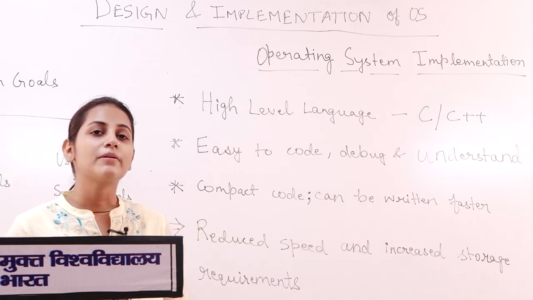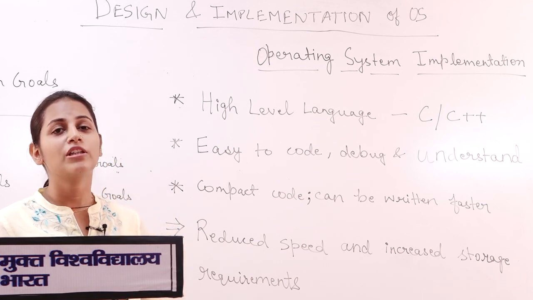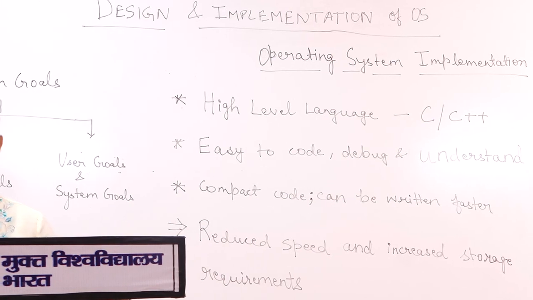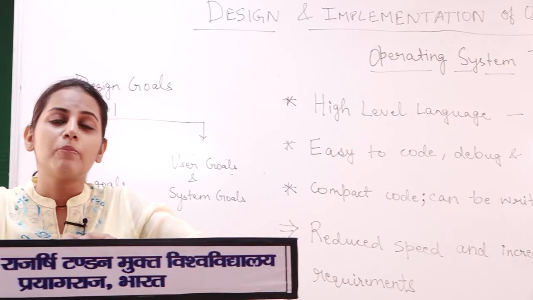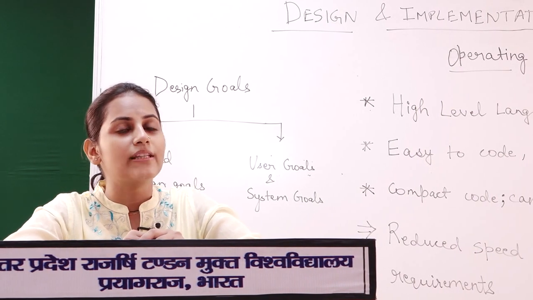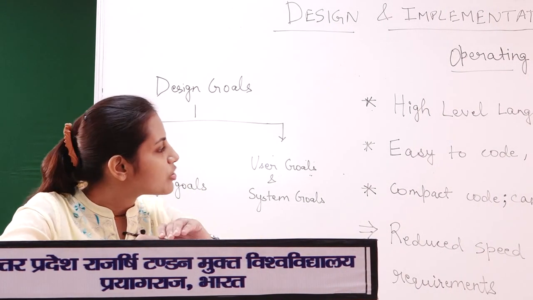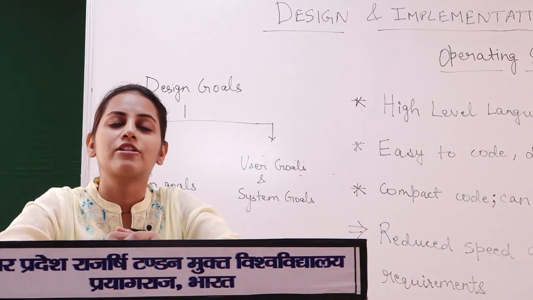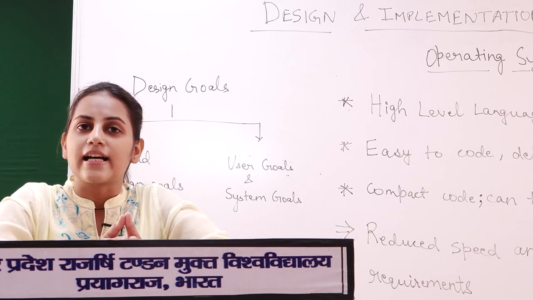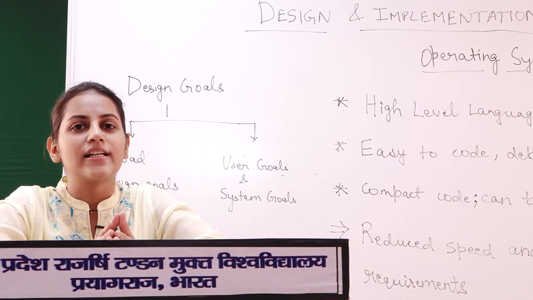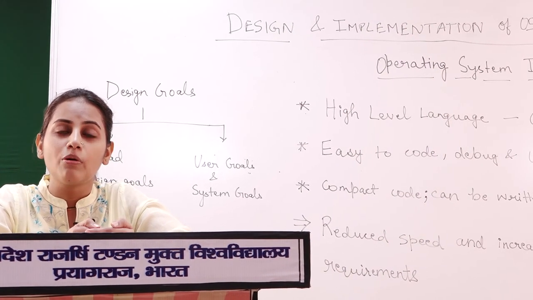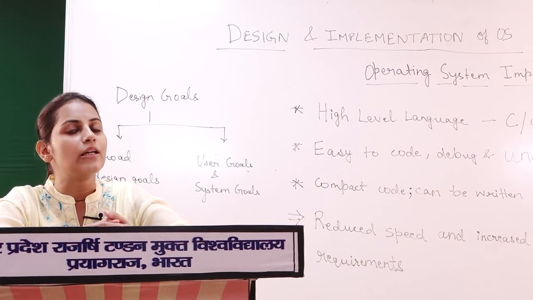What could be the possible disadvantages associated with using a high level language for programming the operating system? Well, the only possible disadvantage is reduced speed and increased storage requirements. When you write your code in assembly language, it is closely associated with the computer hardware, and therefore, it requires less time to execute.